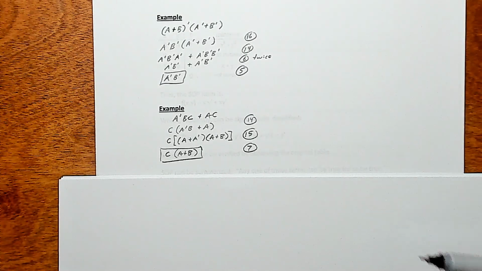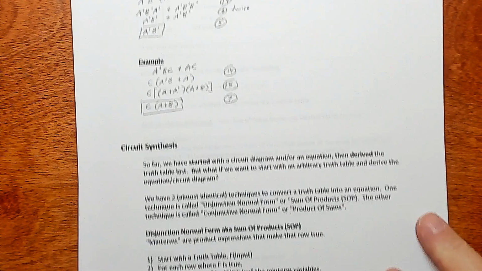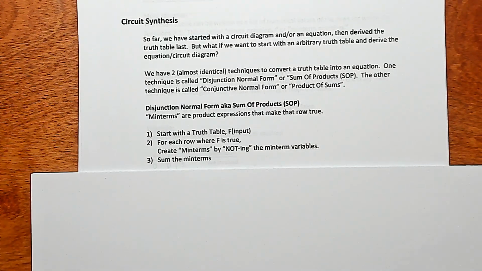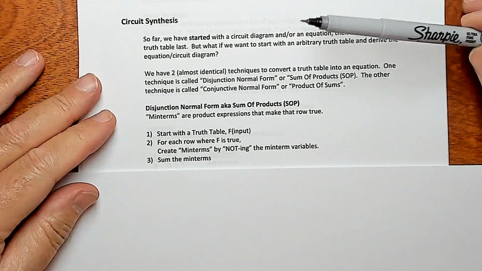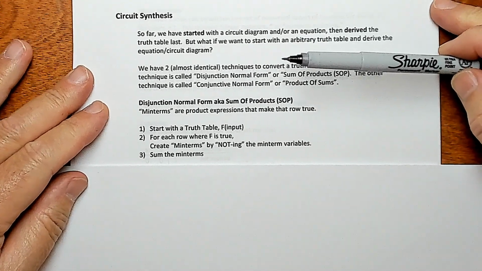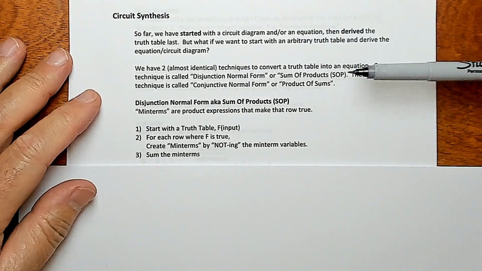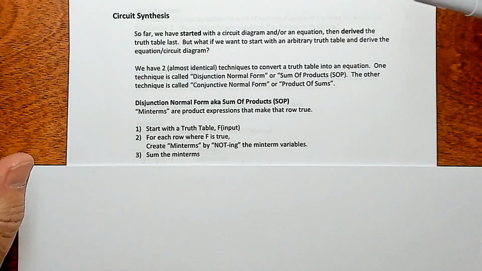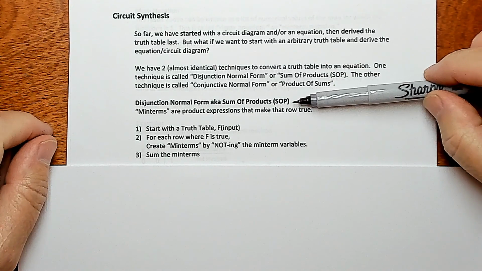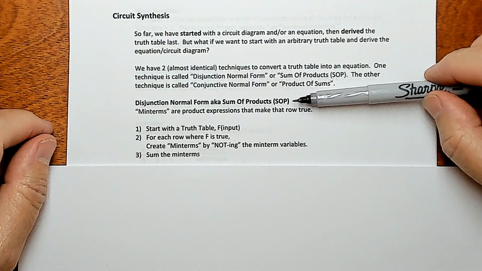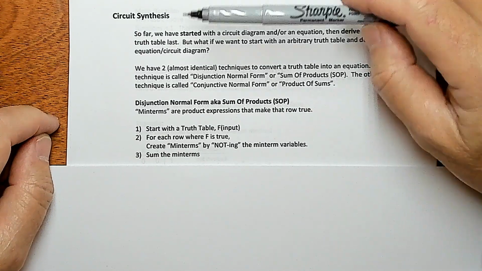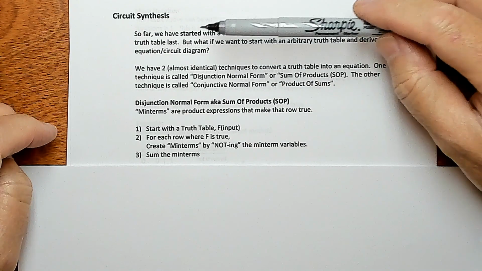So it's backwards of what we've been doing so far, right? So we call that circuit synthesis. There's 2 methodologies for doing this. One is called sum of products, and the other one's called product of sums. Sum of products makes the most sense to me, and I think, to my knowledge, it's the most common method that is used to synthesize Boolean circuits.